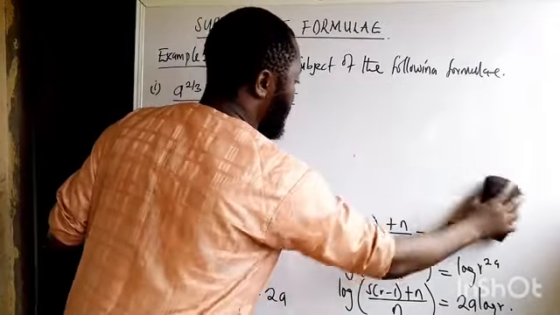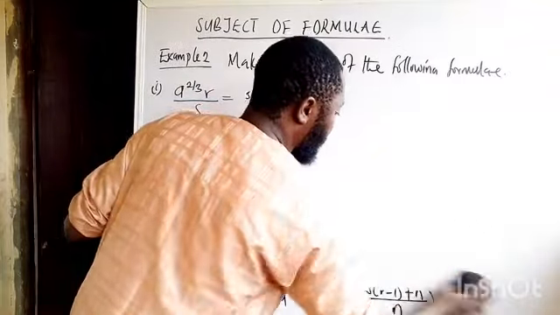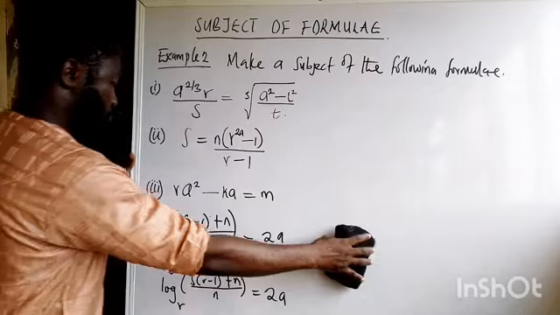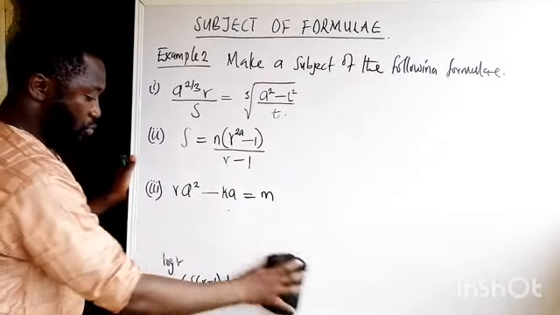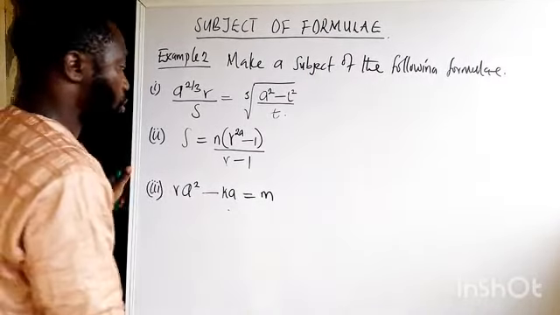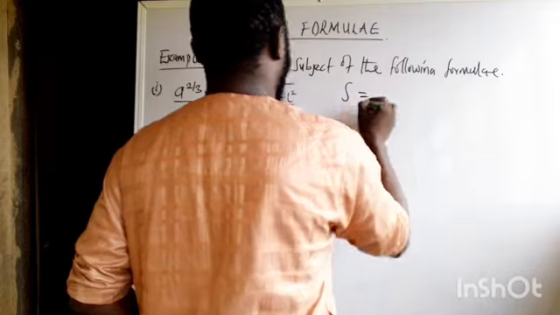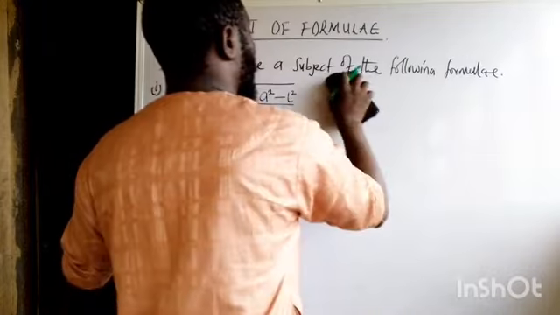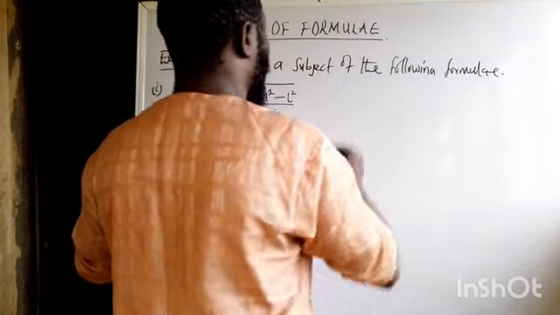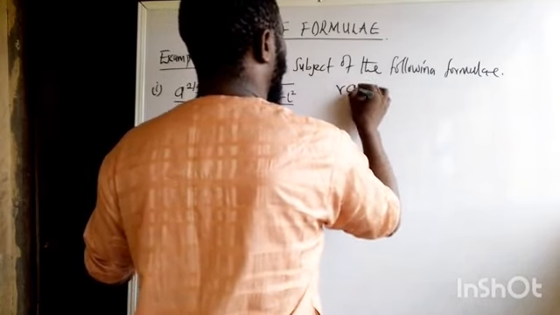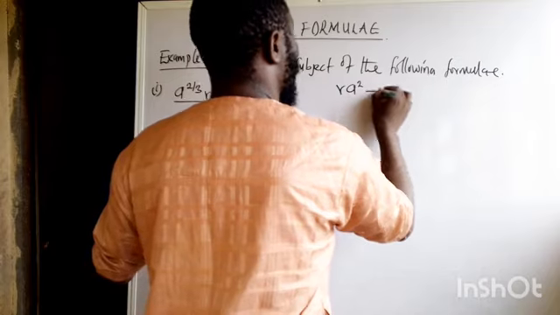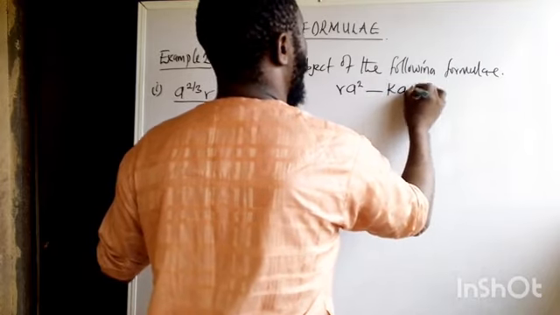The last example here, we have r a square minus ka equals n.